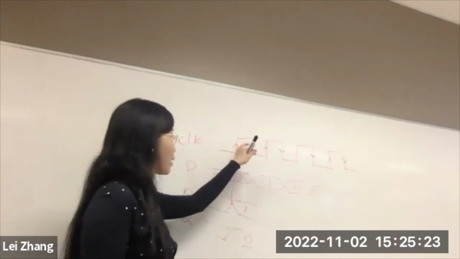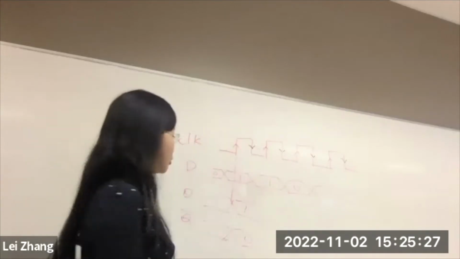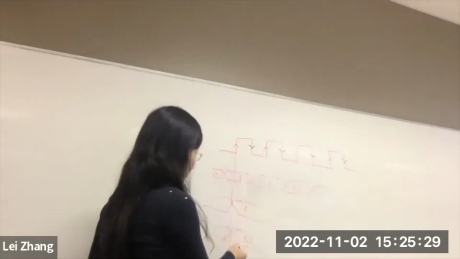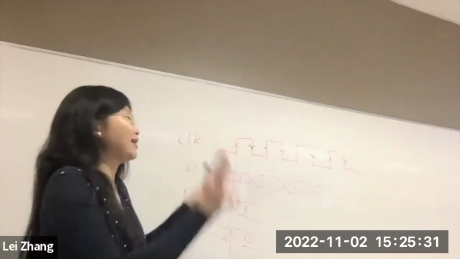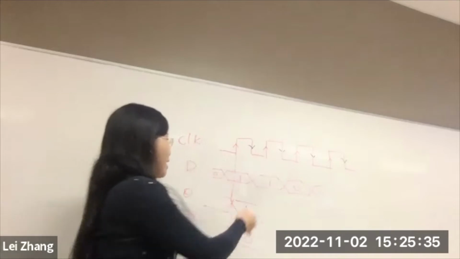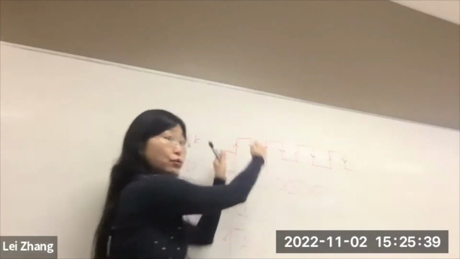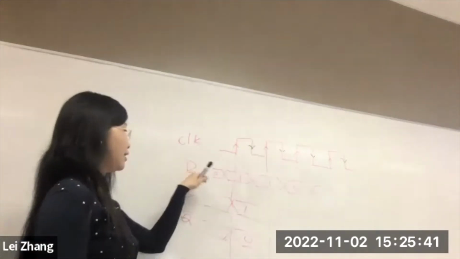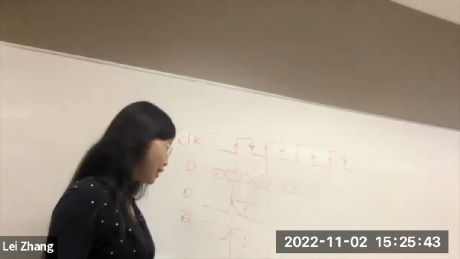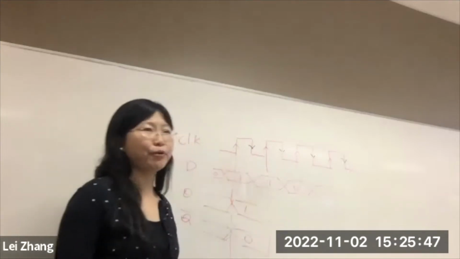It only works on the rising edge or falling edge of the clock. So after this, it's just blind. It won't even look at the input. So between two clock rising edges, the D flip-flop will just completely ignore the input.